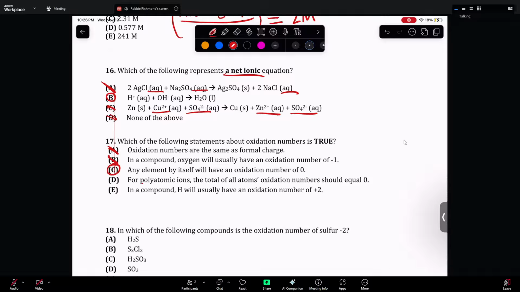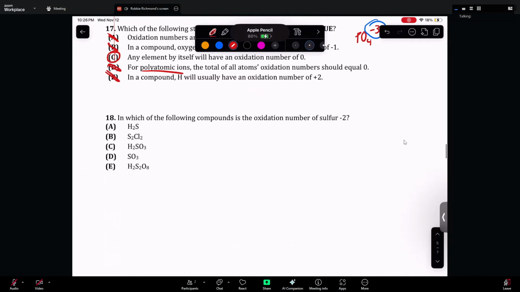If we're looking at a polyatomic ion, the sum of those oxidation states should equal the overall charge. So, for instance, if we had phosphate, all the oxidation states for oxygen and phosphorus should equal -3. And then for E, that's just looking at that table and remembering the rule that hydrogen will have an oxidation state of +1.